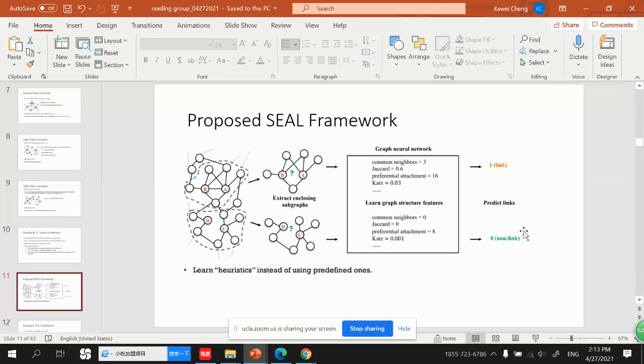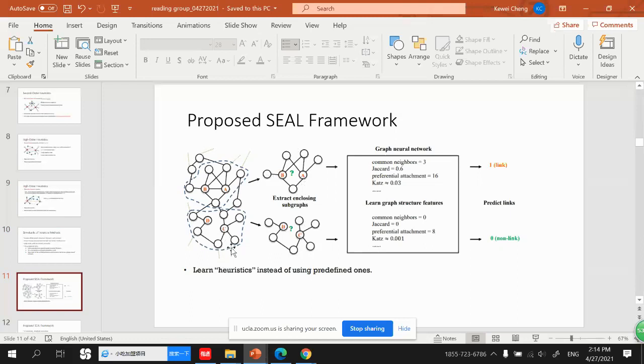Here is the basic idea. We can observe with this example that, in order to predict whether there's a link between A and B, we can extract a small subgraph from the entire graph. Then we can see that there are many common neighbors or higher order interactions between A and B, so they're likely to hold a link.